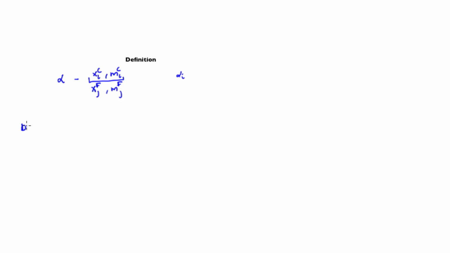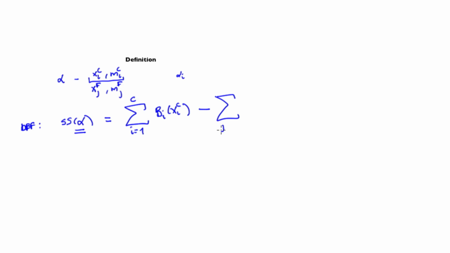Now, the following is a very important definition. The social surplus of an allocation alpha, any allocation, notice this doesn't have to be a market allocation, is equal to the sum over all consumers of the benefit that they get from consuming the amount of good X that they get, minus the sum over all of the firms of the cost of producing whatever it is that they produce.